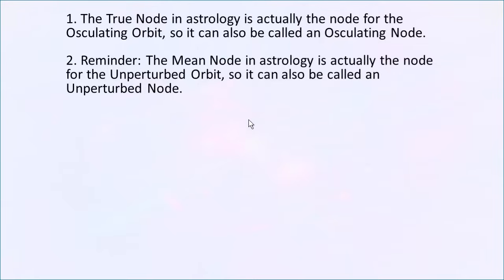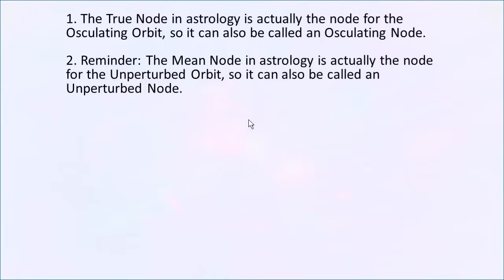You must calculate the unperturbed position first. Then you apply the perturbations. You must. That's how it's done. For every planet, you have its unperturbed position, and then you apply the perturbations to get the position more accurately. The mean node is simply the node before perturbations are applied.